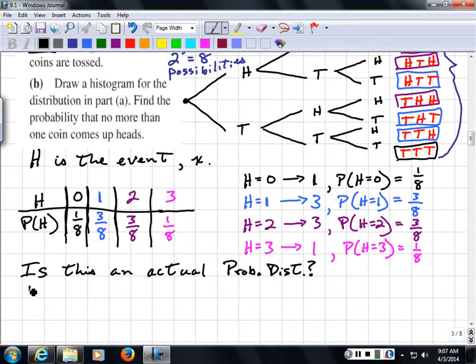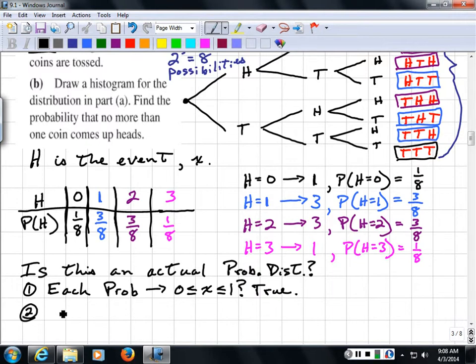Remember the first test is, is each probability between 0 and 1 inclusive. And that would be a true statement. Number 2, the sum of the probabilities must be equal to 1. Is that true? Yes, it is.